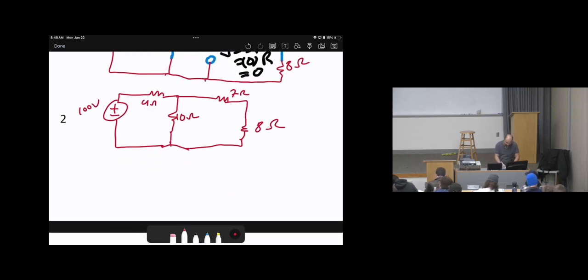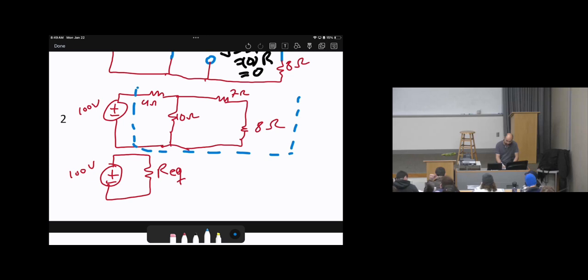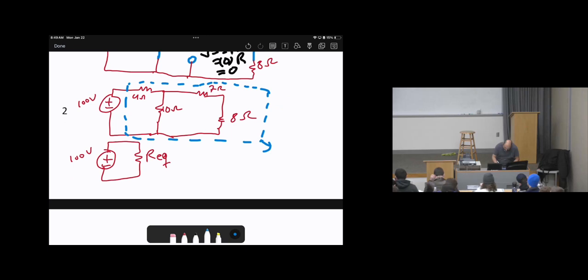If you remember from physics, doing the parallel and series, our target is to get 100 volts here and find something called R equivalent. So we will look at this part: 4 ohms, 10 ohms, 7 ohms, 8 ohms, and we need to find R equivalent.